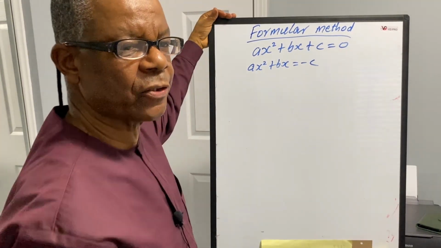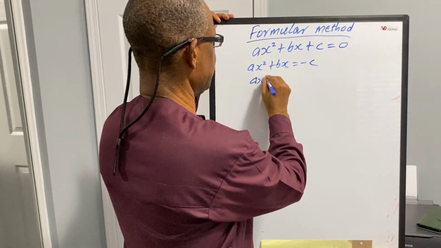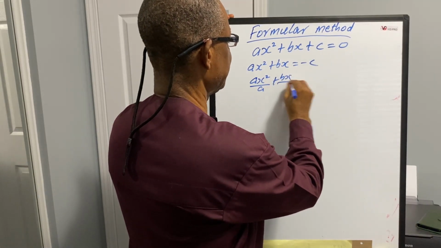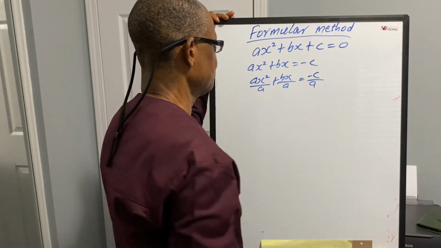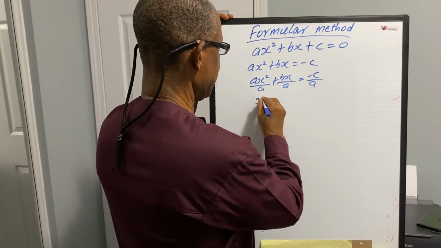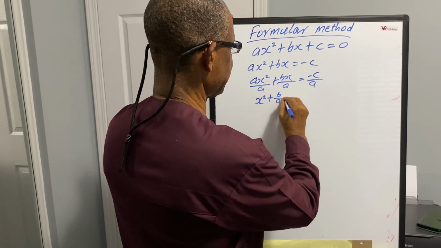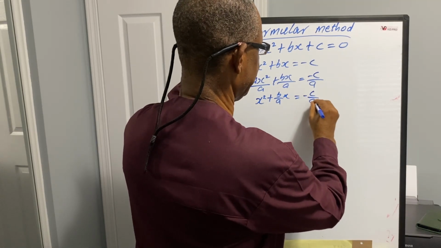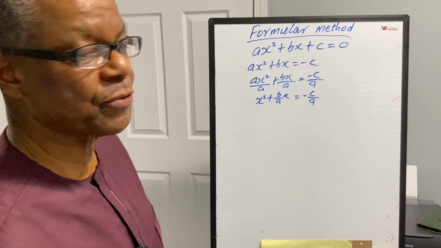Dividing each item by the coefficient of the second degree, we have ax squared divided by a plus bx divided by a equals minus c divided by a, giving us x squared plus b over a x equals minus c over a. We have gone through step 2.